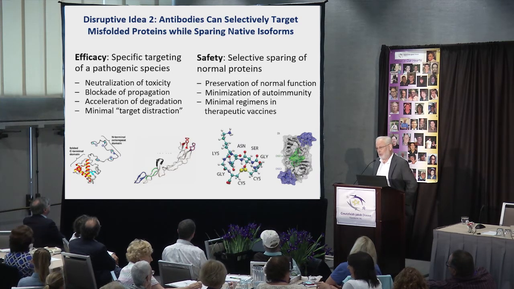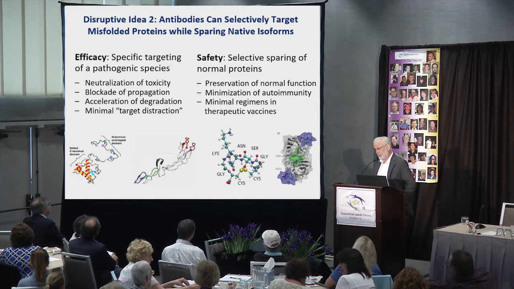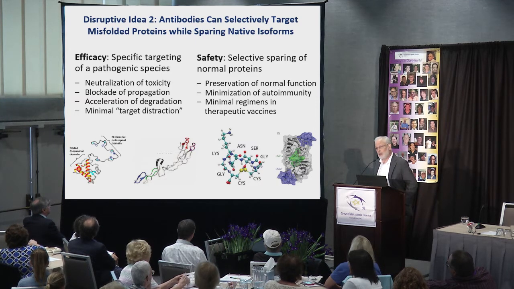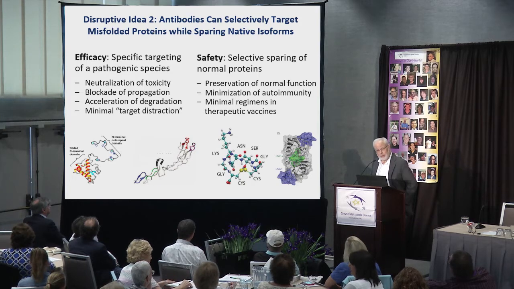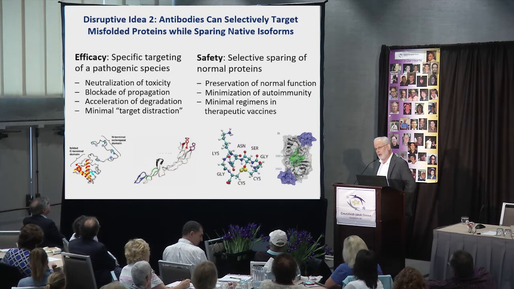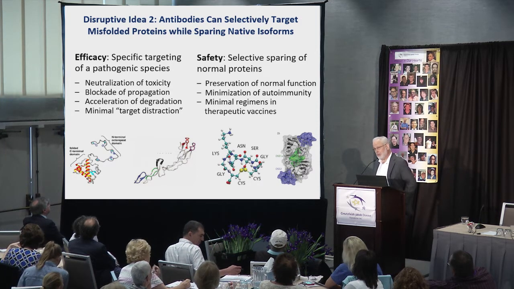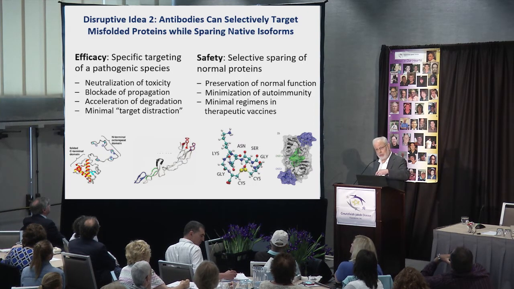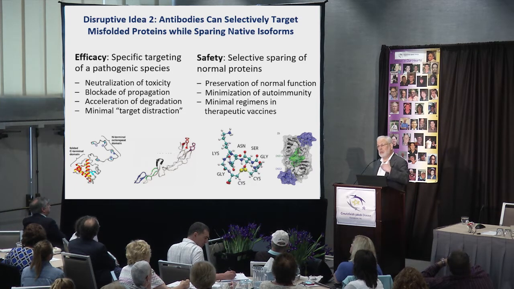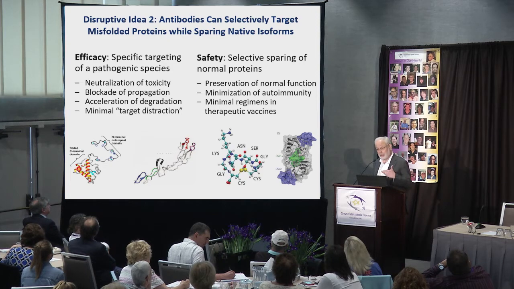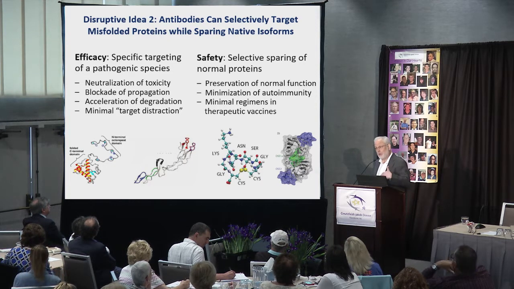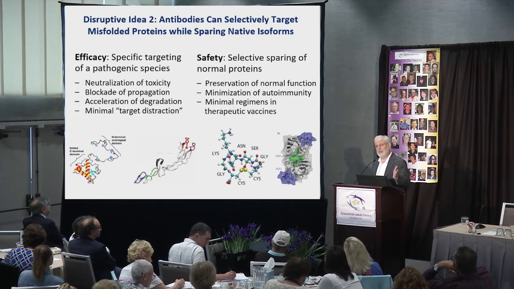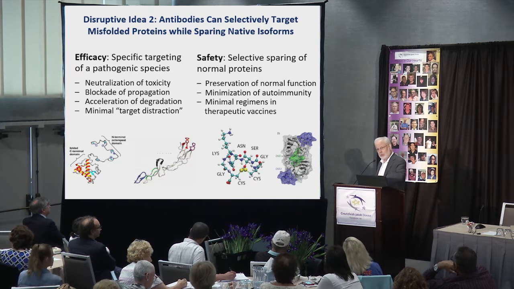In my lab, what we've been doing for the last 20 years is trying to figure out what parts of a protein are exposed when the protein is misfolded in disease. And why is that important? If something goes from the inside of the protein to the outside or the surface, it then can be a specific target for an antibody that will only bind to the sick protein and spare the normal protein.